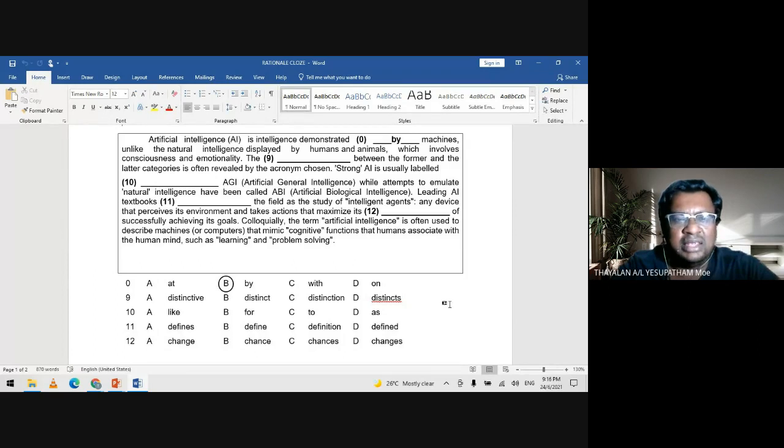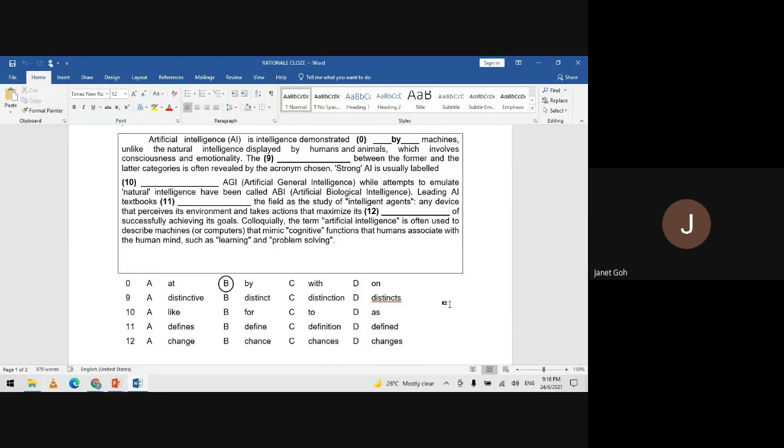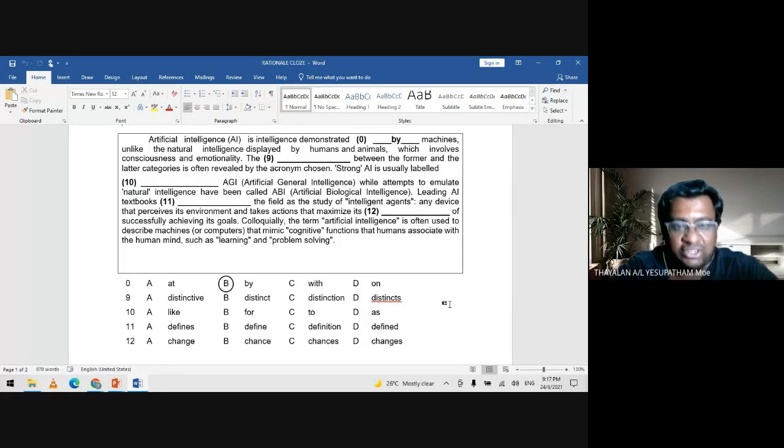Leading AI textbooks define, definition, defined. D, sir. B, define. The field as the study of intelligent agents, any device that perceives, so it's in the present tense. Therefore, the answer is B.